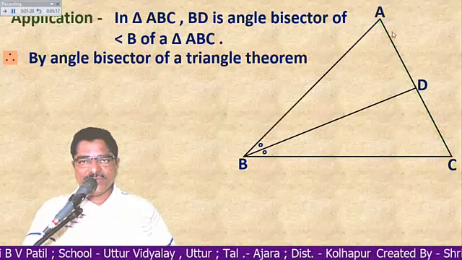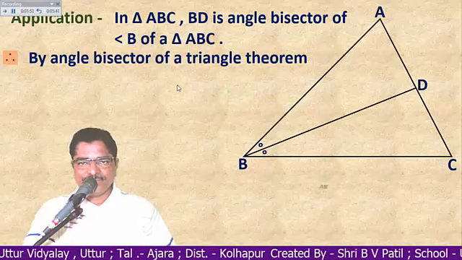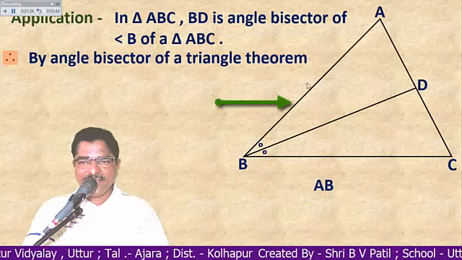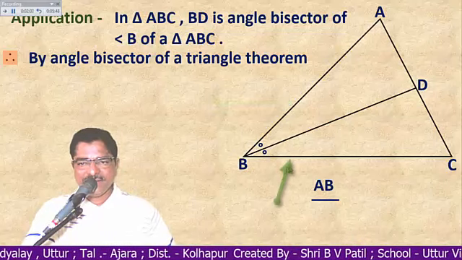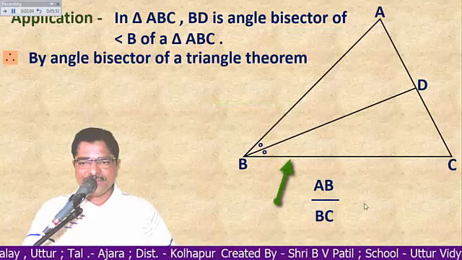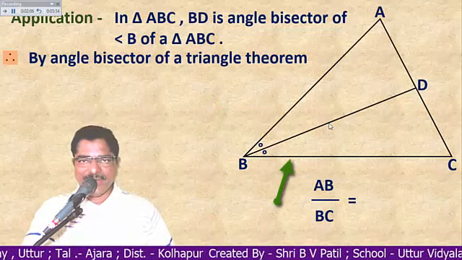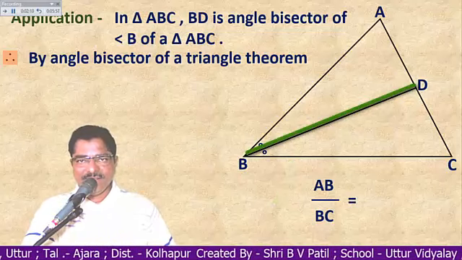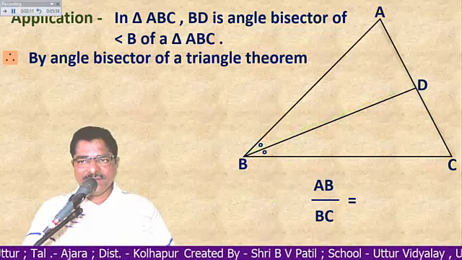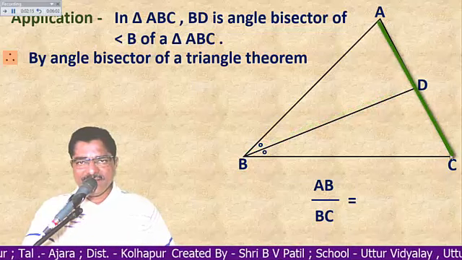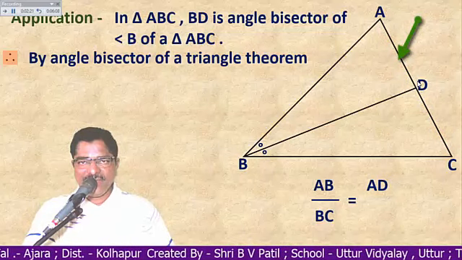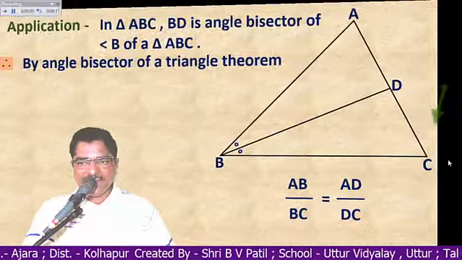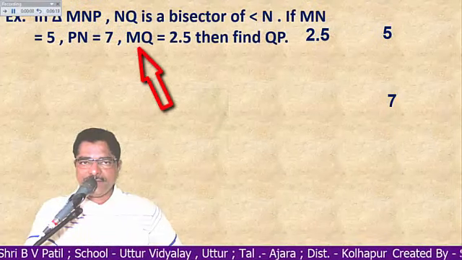So AB divided by BC is equal to AD divided by DC.